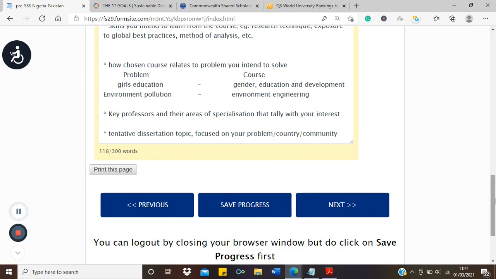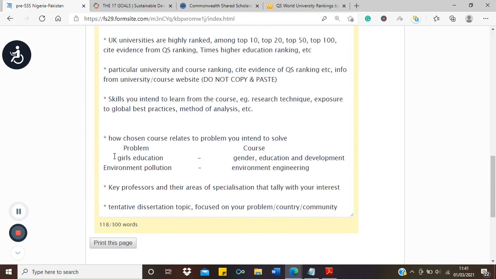And you could adapt these best practices to your particular case, the particular community you intend to intervene in. So if you're interested in girl-child education, a course like gender, education and development fits perfectly into what you intend to do.